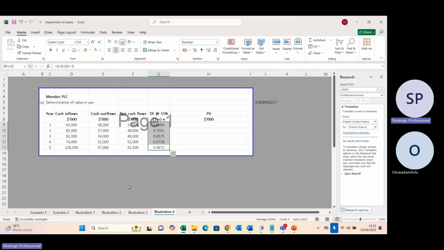And please bear in mind that the cash flow you are using for determining your value in use must be pre-tax cash flow. If they give you post-tax, you need to work back to pre-tax. I will show you.